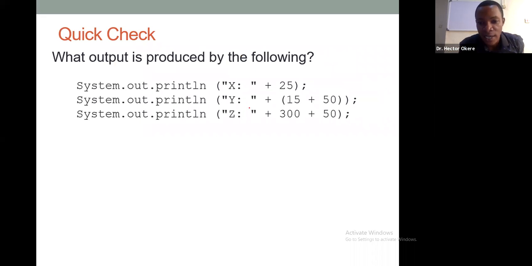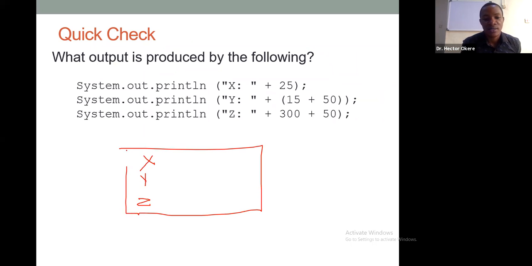So now, exercise for you again. What is the answer for this? X, Y, Z. Give me the answer. 3 answers, quickly. Let me see who will be the first to get the answer correctly. Three answers, okay?